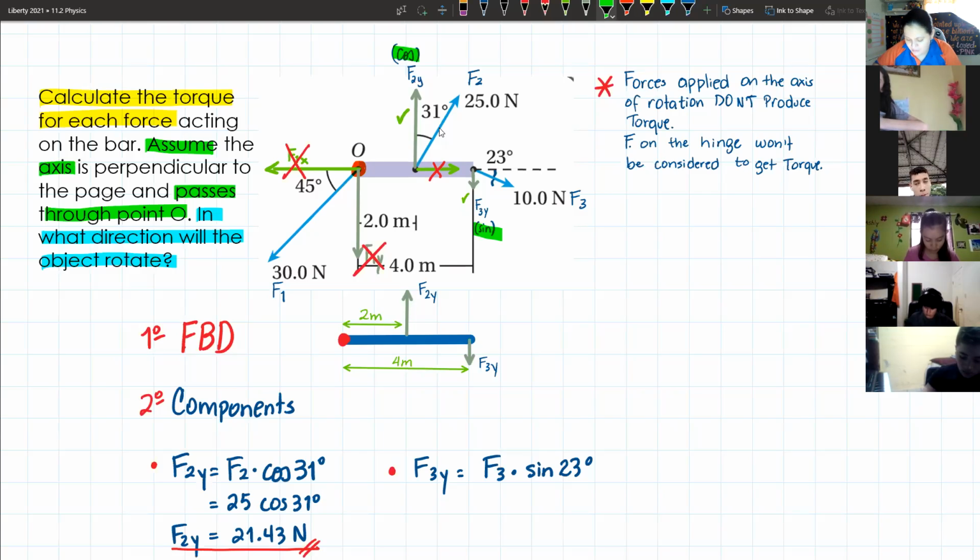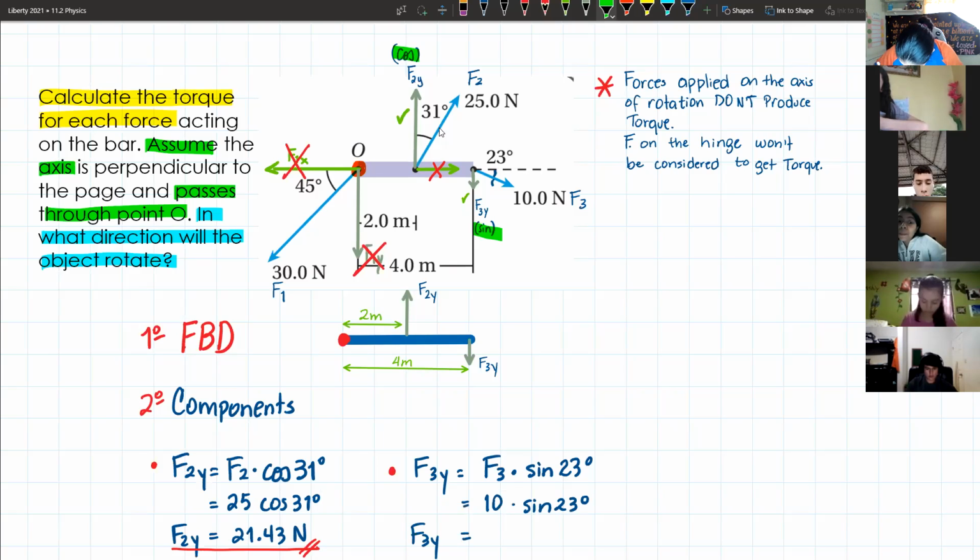And the F3, it's going to be 10 times the sine of 23, which is 3.9.